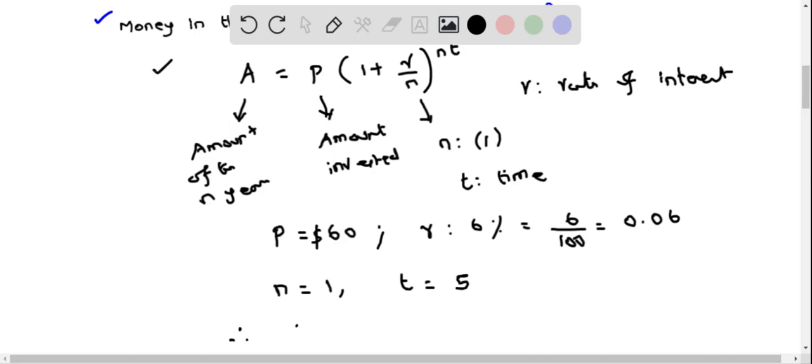So therefore A equals, replace P by 60 times (1 plus, replace R by 0.06, divided by n equal to 1), and then raised to the power of nt. N is 1 and t is 5.